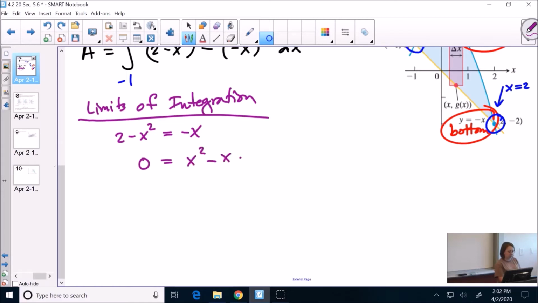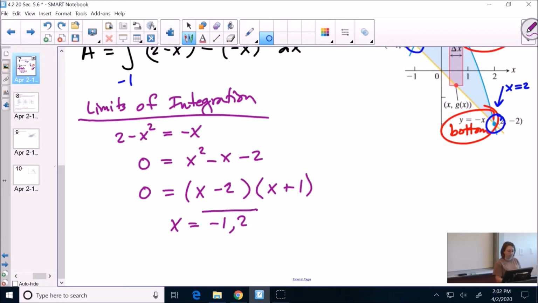I'm going to bring my 2 around. And change sign. Then factor, so negative 2 and positive 1. That would be x equals negative 1 and positive 2. Those are your limits of integration. You do it in numerical order, because we're looking for area. There's no reason to go backwards.